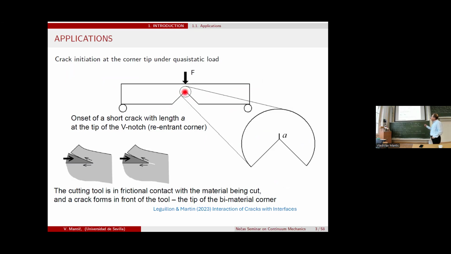Here we have a 3-point bending test, where a small crack can be formed at the tip of this V-notch. Or if we have a cutting tool, which is of course in frictional contact with the material being cut, a crack forms at the tip of this bi-material corner.